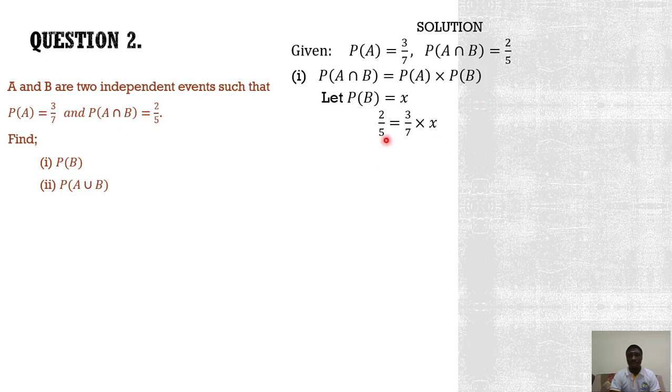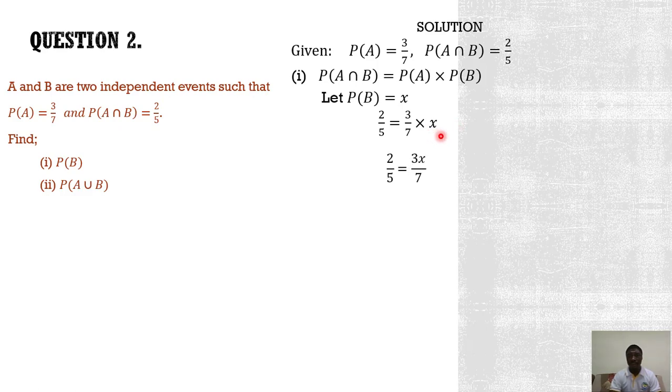Now 2/5 represents the probability of A intersection B, equal to probability of A, which is 3/7, times probability of B, which has been represented by the variable x.